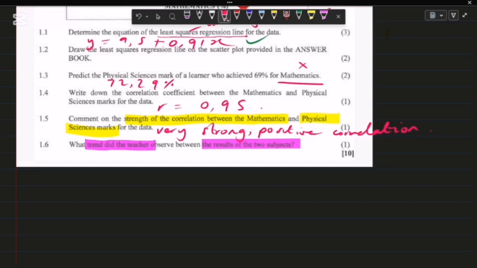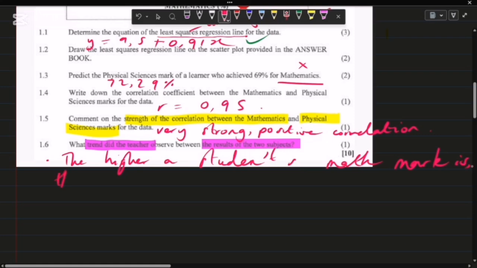We'll say that the higher a student's math mark is, the higher his physics mark is.